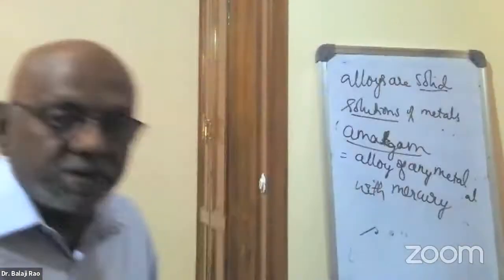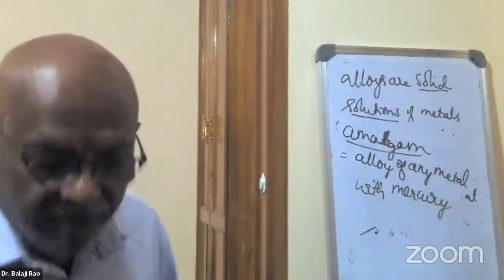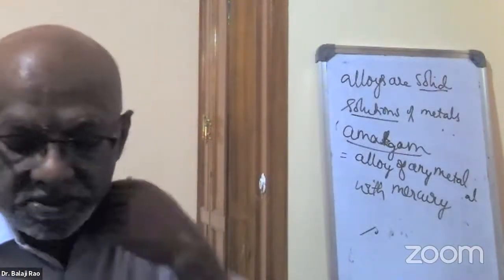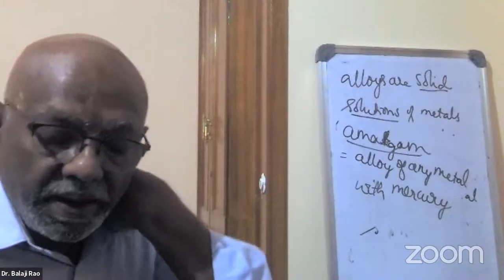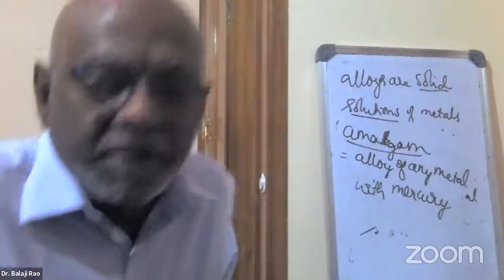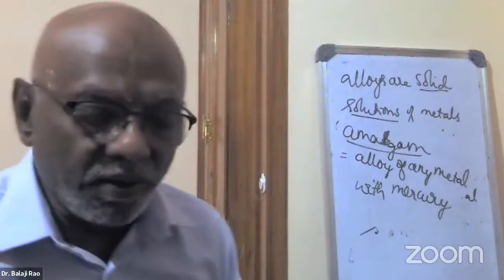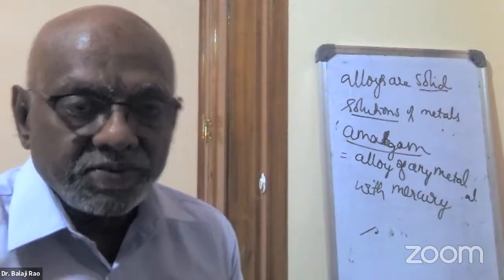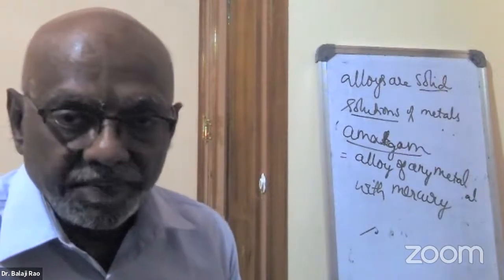So amongst solid solutions, we have the typical solid solutions like, as mentioned, ornamental gold, or brasses, bronzes, and you have stainless steel, for example. All these are alloys, and these alloys are, as we see, solid solutions.